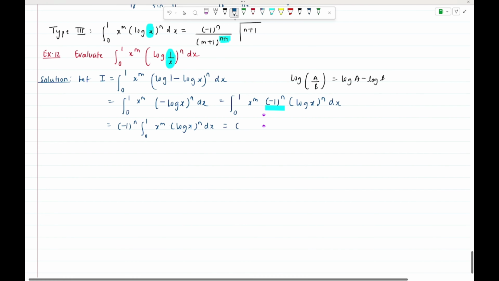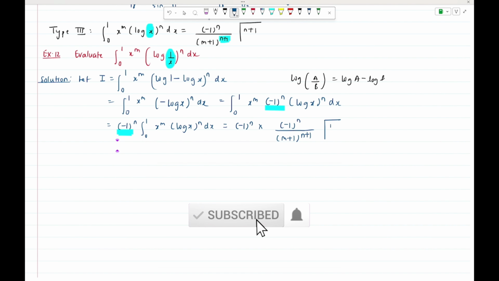So as per the formula, we have negative 1 raised to n already outside as the constant, and now applying the formula we are going to have another negative 1 power n divided by m plus 1 raised to n plus 1, and the power n plus 1 is going to be the argument of gamma. So we have negative 1 power n squared. And we know that squares are always positive, so this is going to be only 1. So the final expression is going to be 1 over m plus 1 raised to n plus 1 times gamma of n plus 1.